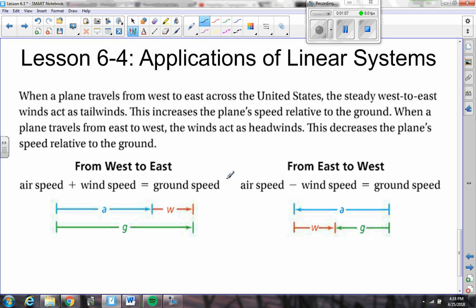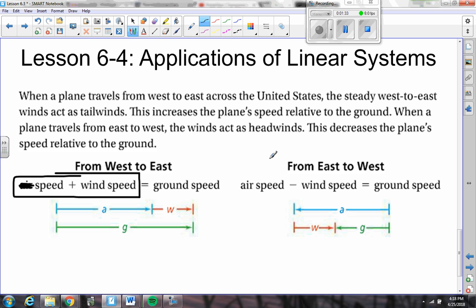So when we're working with the wind or with the river, the two speeds are actually going to get added together. Airspeed here just means your speed. So basically the speed plus the wind is going to get you the overall speed.